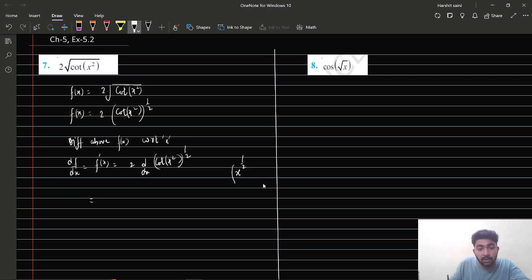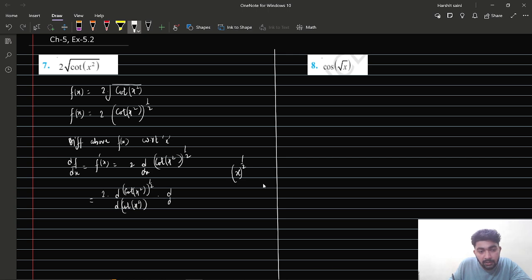So first of all, the derivative is taken with respect to cot of x square, because this is the inner function. We differentiate the outer function with respect to the inner function, and here we have cot of x square raised to the power 1 by 2.